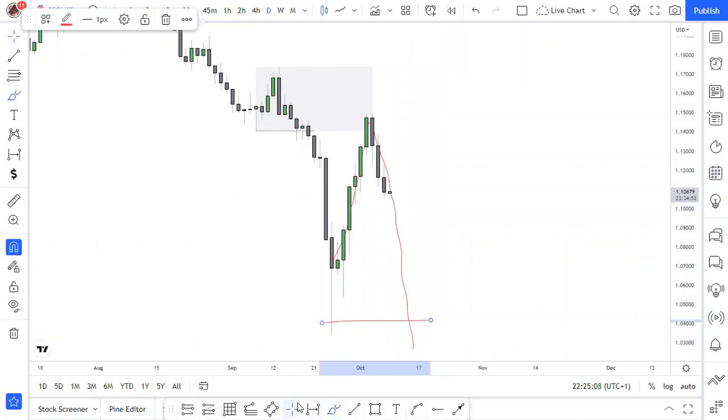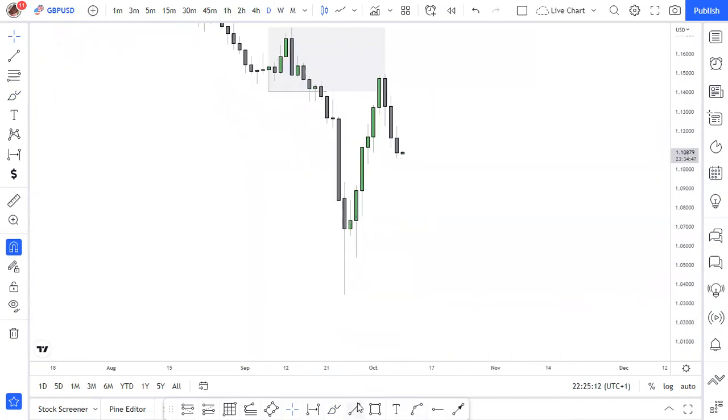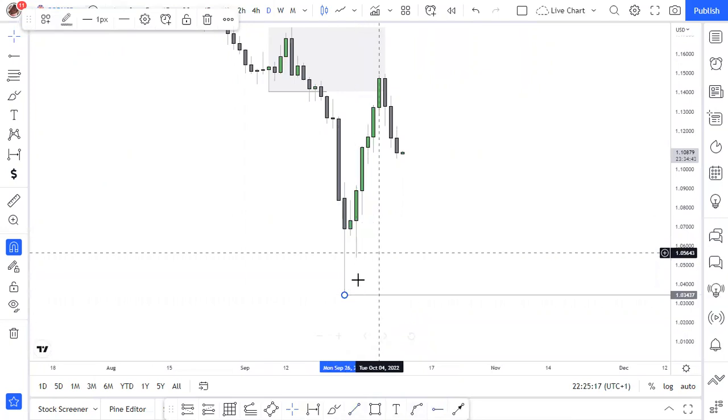So don't know yet, but we'll see how everything goes. So this is like our trading range low here.